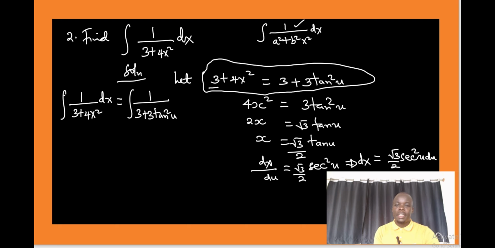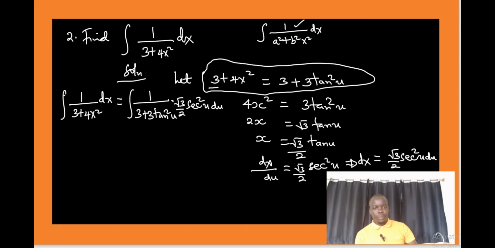Where there is the dx, now we have root 3 over 2 sec squared u du. But now remember, we can all see that 3 plus 3 tan squared u, which is our denominator here, has a common factor 3.